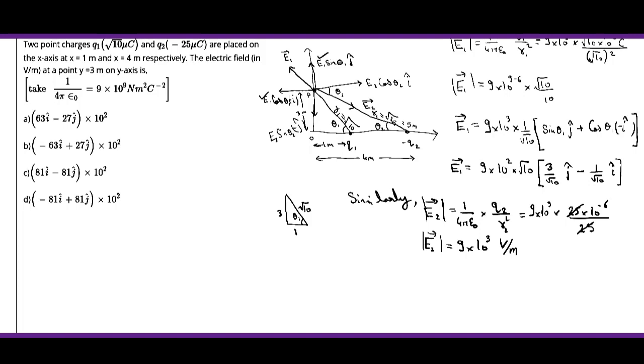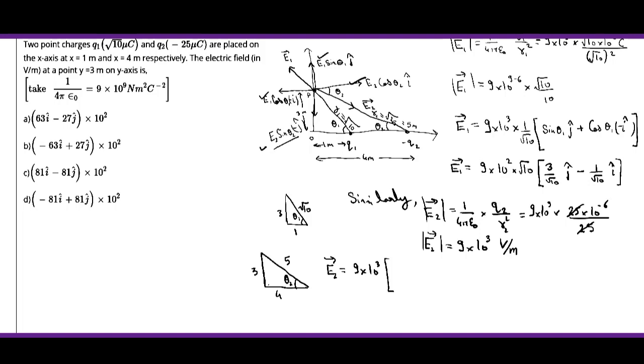Now if we talk about its full vector, it will be E2 multiplied with the unit vectors. Now we are taking another triangle, and this triangle has angle theta 2. The given values are 3 meter, 4 meter, and this is 5. So the term will be cos theta 2 i cap, and this is minus j cap with this value.